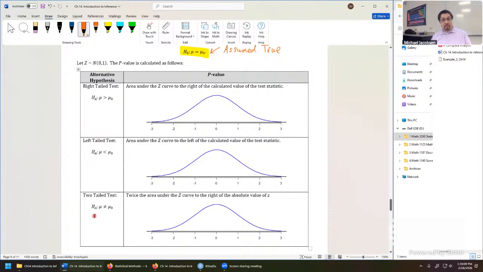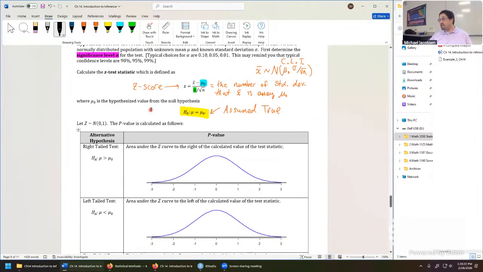But the good news is this is a great table to come back to, and it's not anything we've done differently. This is just redoing a normal probability distribution computation. So let's write down what these are going to look like in each one of these tests, what the syntax will be, and then we'll do our first hypothesis test.